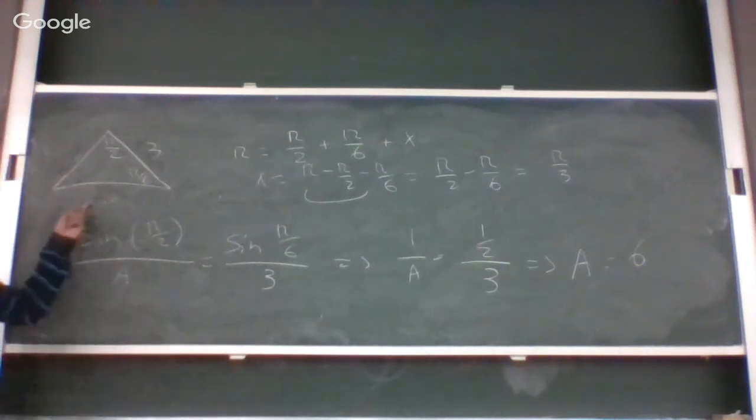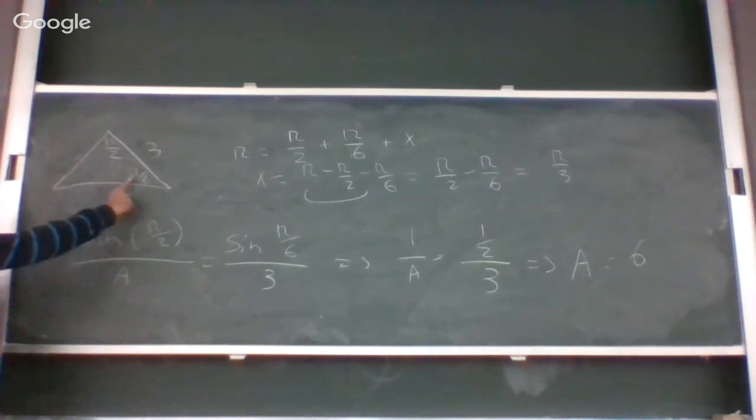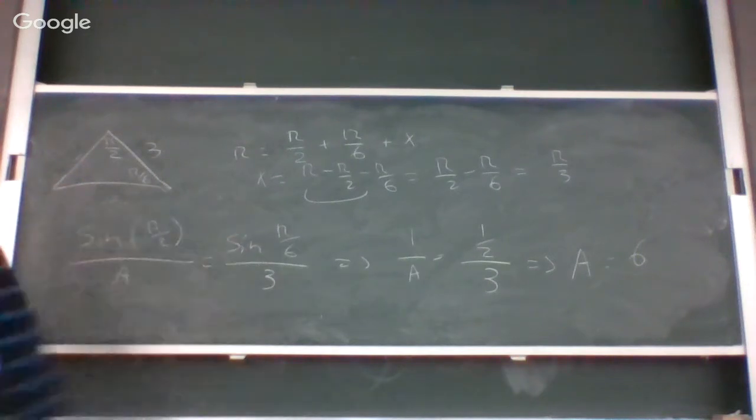Because it's a triangle, the angles have to add up to 180, which is pi in radians. If I give you actual values, this is a 90, this is a 30, so this has to be a 60.